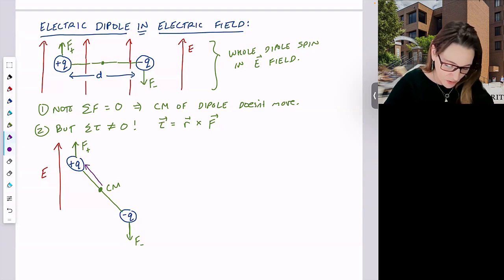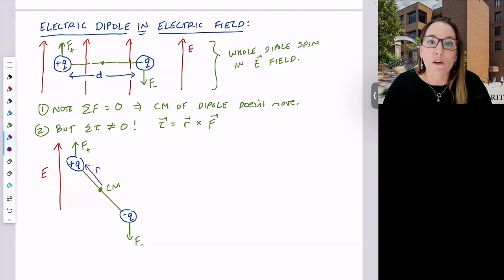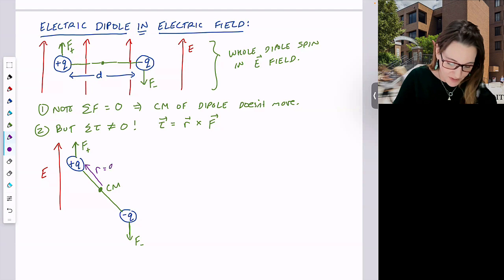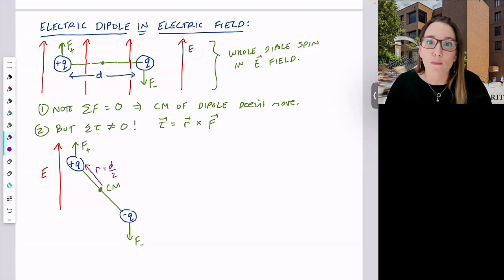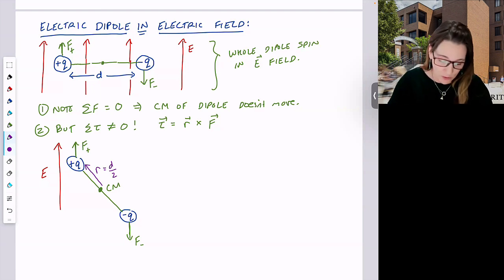So we can start to look at the r in r cross F. The r is going to be equal to d over 2, the distance that separates them divided by 2, because it points from the center of mass, the axis it's going to spin around, to where the force is applied.